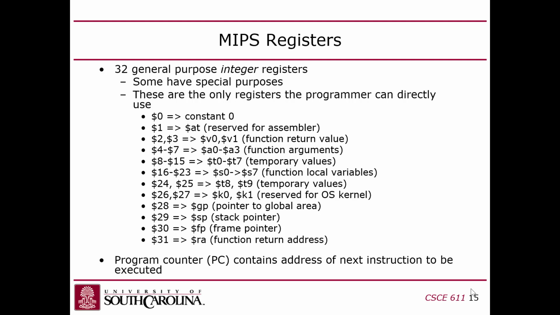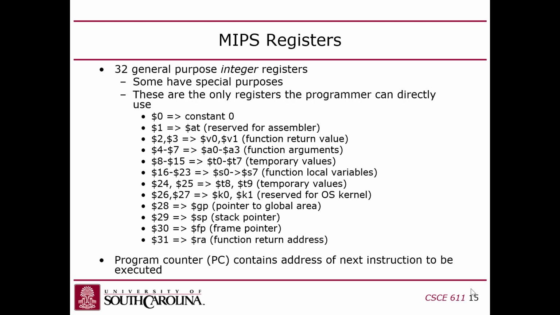K0 and K1 are supposed to be reserved for the OS kernel. Never run into that before. And then there's the global pointer that points to your global space where your global variables live. Stack pointer points to where you would put the next thing on the stack, and the frame pointer points to the thing that's at the top of the stack, much like the RPN calculator you guys did, where you had a stack pointer that points to the next allocable part of the stack, and then you had another thing that pointed to the top element of the stack.